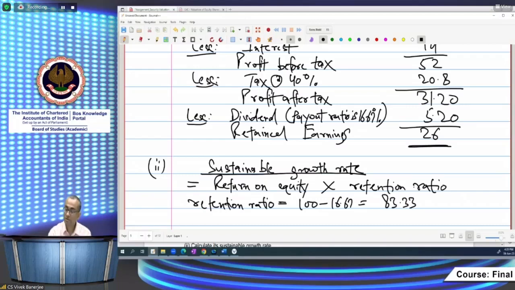So the retention ratio is 83.33%. And now come to the calculation of ROE, that is return on equity. So whether return on equity is given in the question, the return on equity is not given in the question.